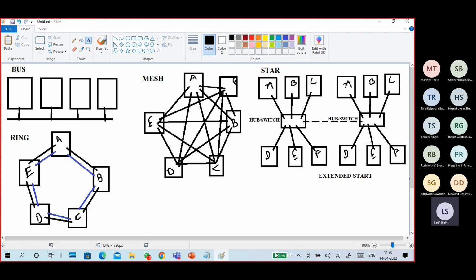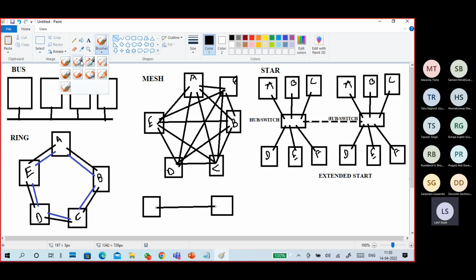So as I said, bus topology, ring topology, mesh topology, like that. Of course, there is also a hybrid topology. Hybrid is everywhere. We'll see that one. Point-to-point topology means you connect a device to another device, like a PC connected to a switch, or a PC connected to another PC, or a router connected to another router.